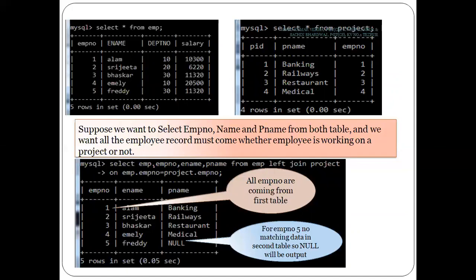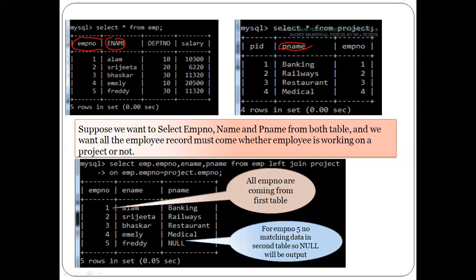See here, from the employee table I am selecting employee number and e name. Both values I am selecting from the employee table, comma P name. Where is P name? From the second table. This value.